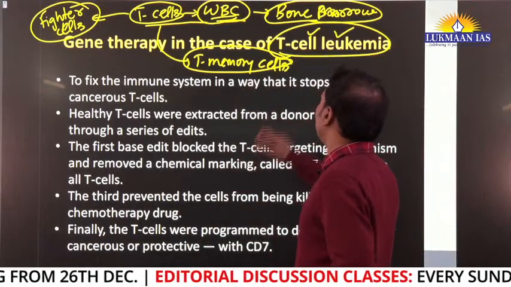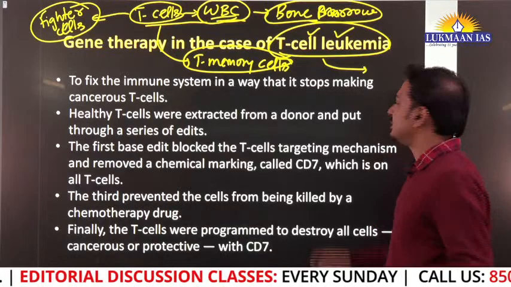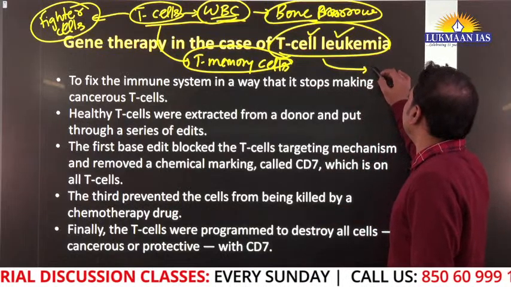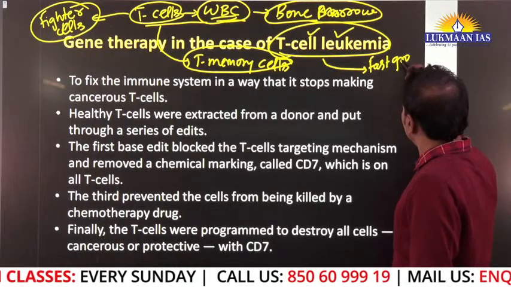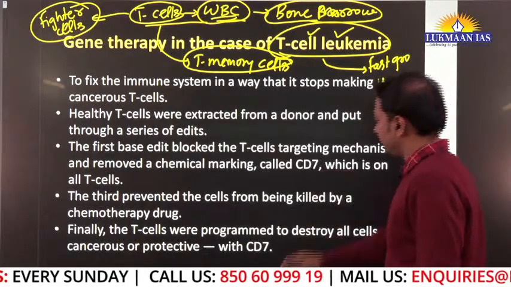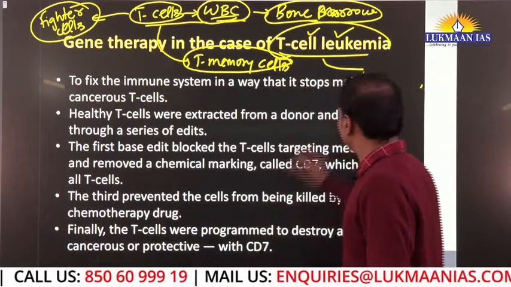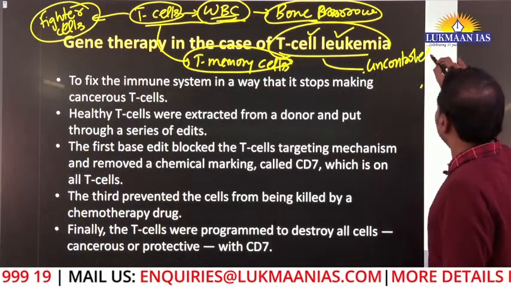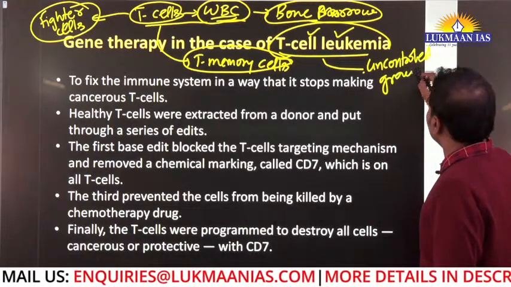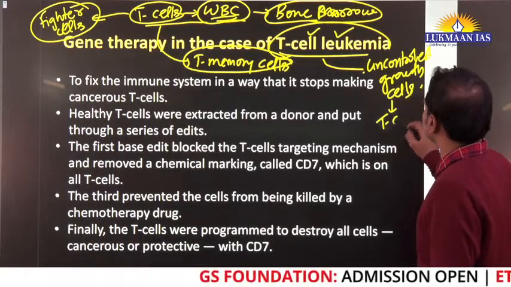Now what is T cell leukemia? Leukemia is cancer, and cancer is basically the fast, uncontrolled growth of cells, and in this particular case it is T cells.